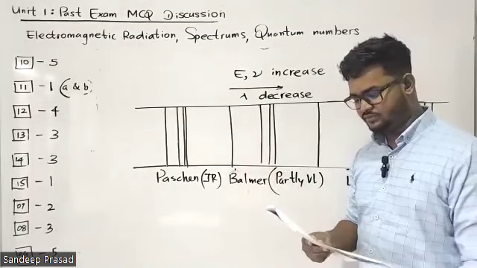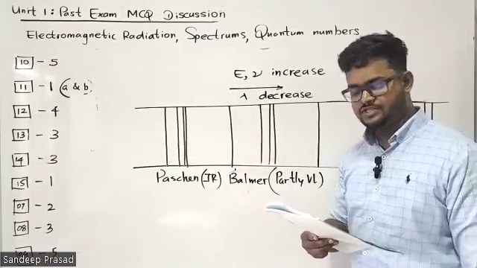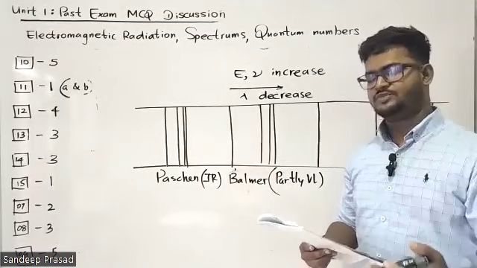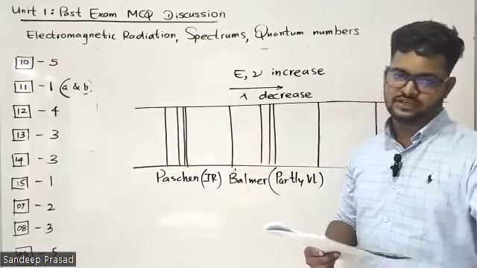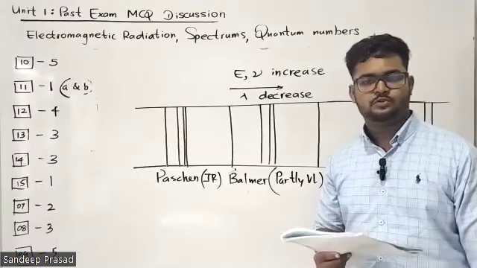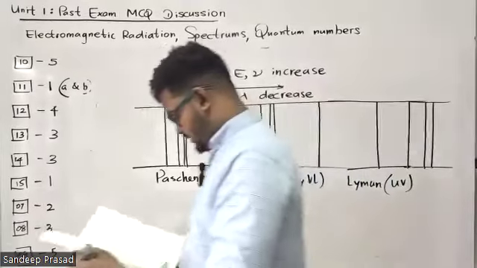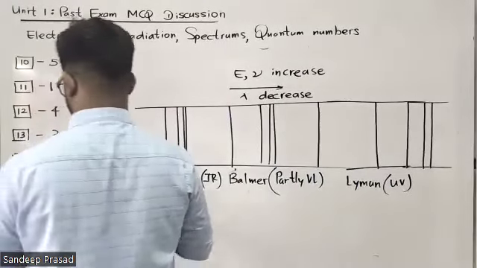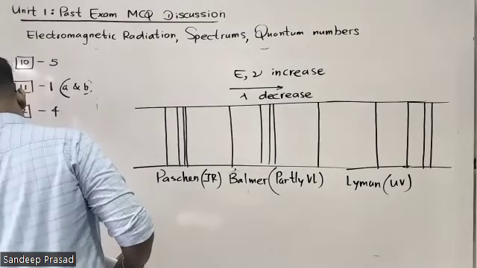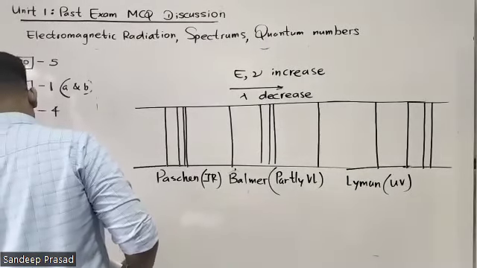So therefore, that's wrong. Hydrogen gives only an emission spectrum. No, we have discussed the atomic absorption spectrum and the atomic emission spectrum of hydrogen. So therefore, the fourth one is wrong. Hydrogen gives only absorption. Wrong. So therefore, question number 16 answer is the first one.